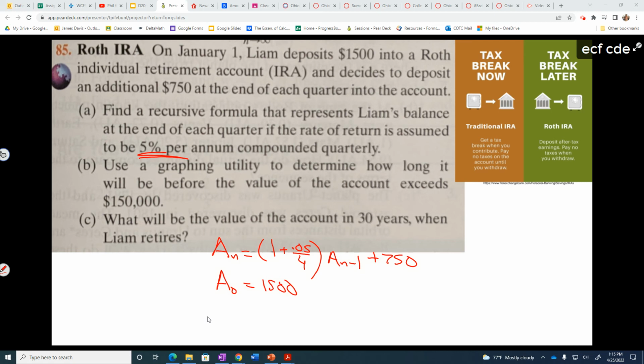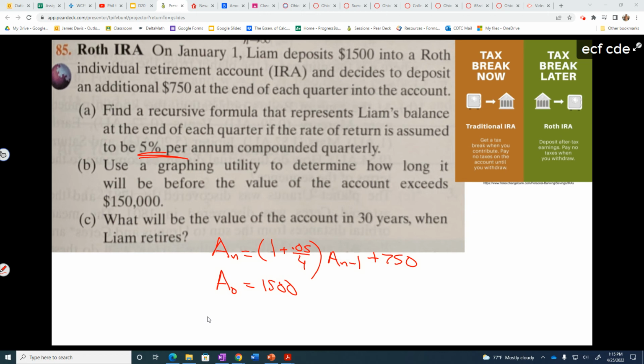So you should have your 1 plus 0.05 divided by 4, times u of n minus 1, plus 750. Don't forget to change your u of n min to 1500. Your n min should still be 0. All right, let's look at our table.